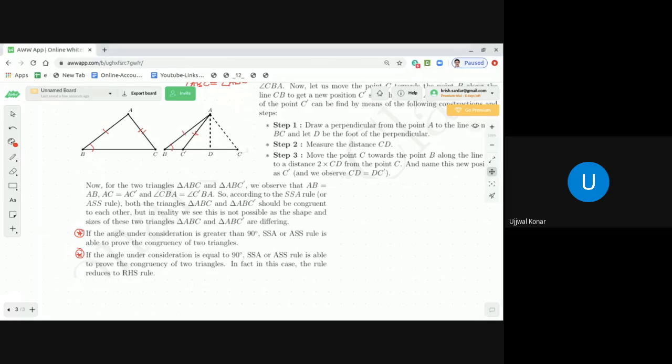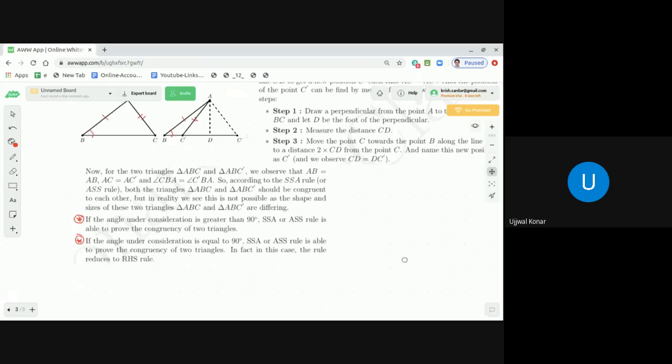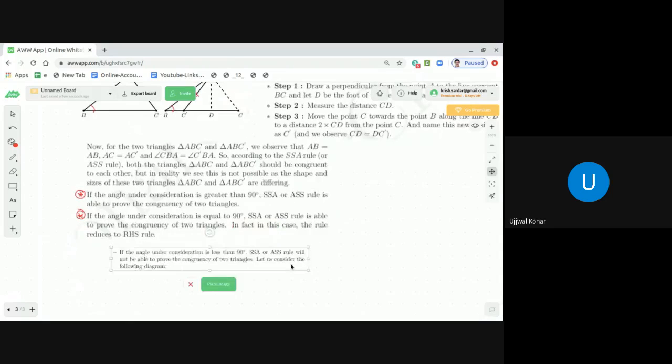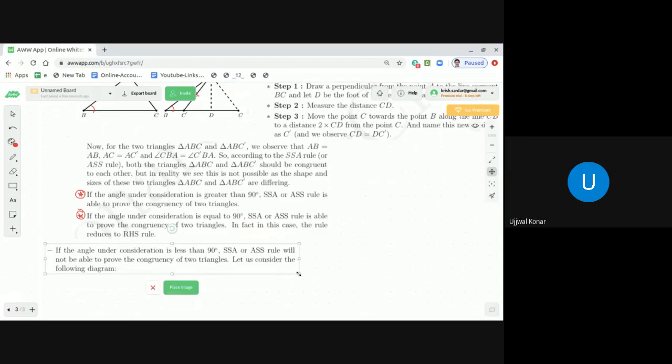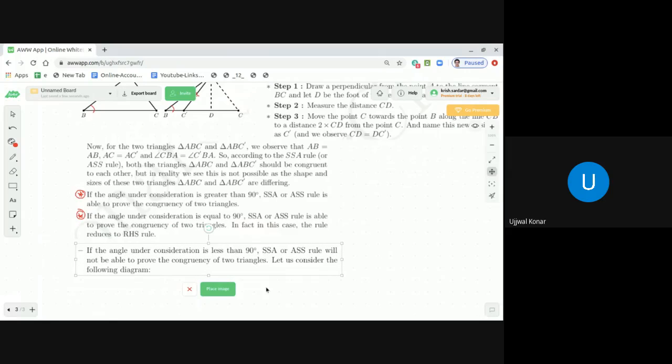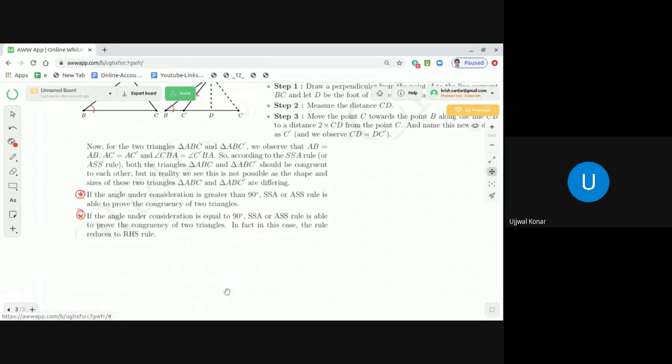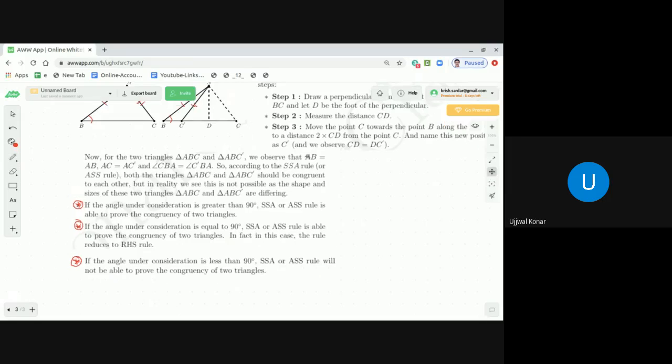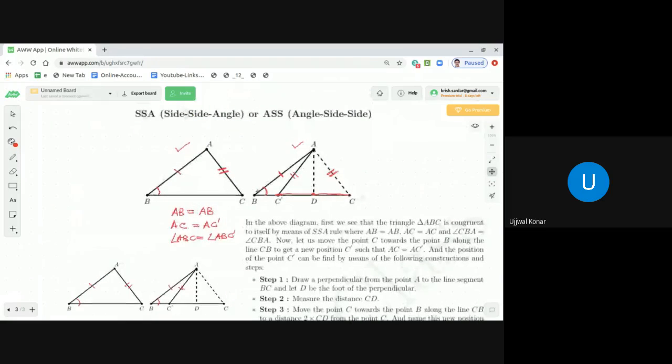But if the angle under consideration is less than 90 degrees, as I show here in this statement, dear students, then the SSA or ASS rule will not be able to prove the congruency of two triangles, as I showed you in the explanation where I took the two triangles, right? So this is a very important observation under SSA or ASS.